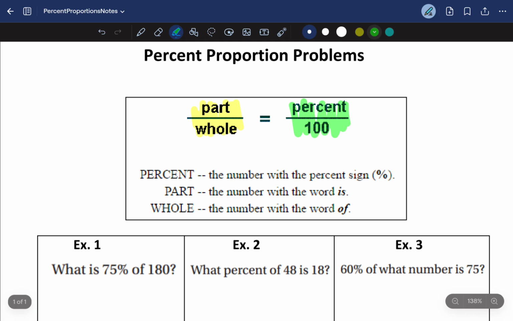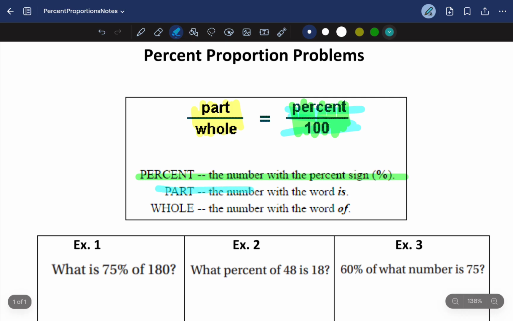Percent is the number with the percent sign. So when you're looking at a word problem and you need to set up a percent proportion, any number that has a percent goes in the top right corner. Percent is always out of 100.